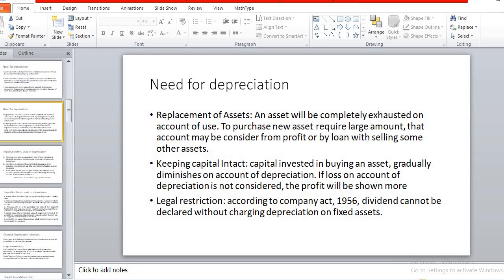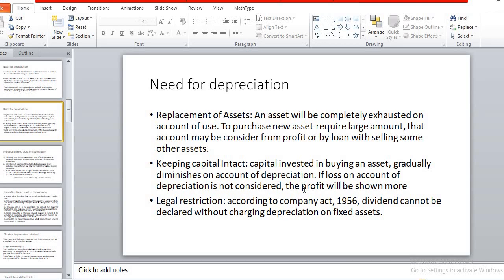If you do not consider this decrease in amount, the profit will show more. If you do not consider depreciation, the asset value remains the same. So the 100 rupees building value after 10 years should not be 100 rupees. It should be reduced, and that reduction will not be reflected if you do not consider depreciation.